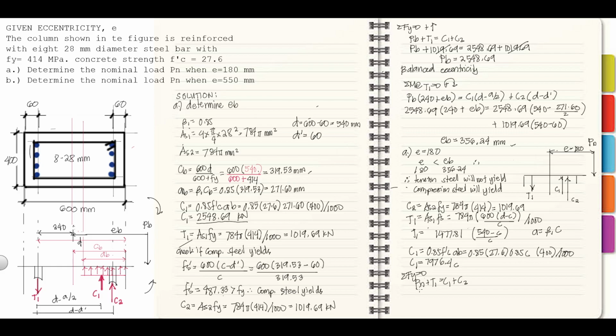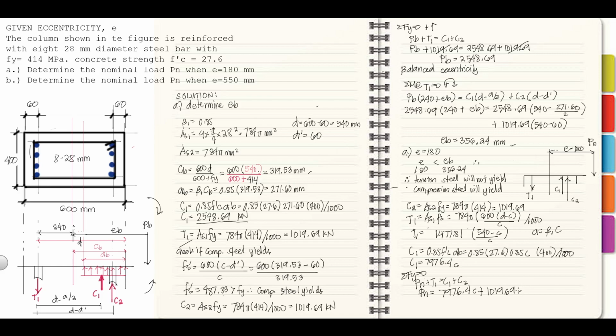So ang PN natin is equal to C1, 7976.4 C, plus C2, 1019.69, and then this is minus T1.